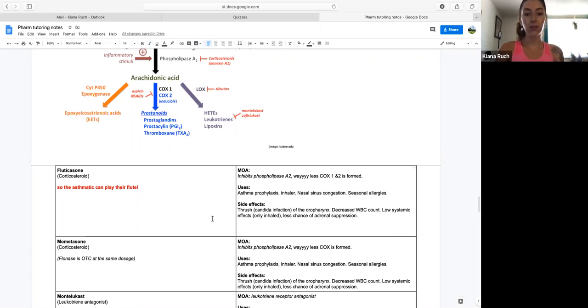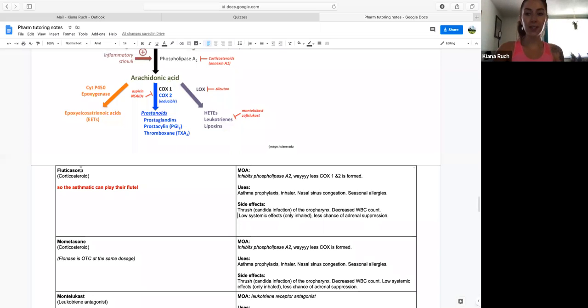A side effect of fluticasone is thrush. So that's a candida infection of the mouth and of the oropharynx as well. White blood cells may be decreased, but there's low systemic effects. This is because the drug is taken in an inhaler, so it's getting to the site of action in the oropharynx and the lungs where we need it to be. That side effect of thrush or candida in the mouth comes from lowering the immune response due to a corticosteroid, and it predisposes the mouth to candida.